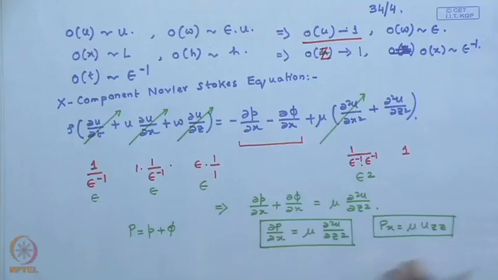Okay. So, this is what we get from an order of magnitude analysis of the x component Navier-Stokes equation. Now, this is going to be the final governing equation, and it is going to be very important also. Now, it is apparently a steady state equation.